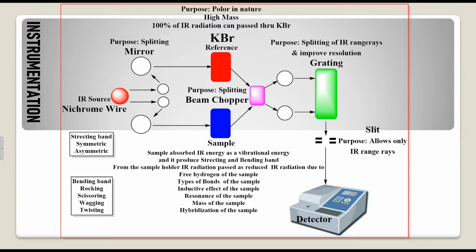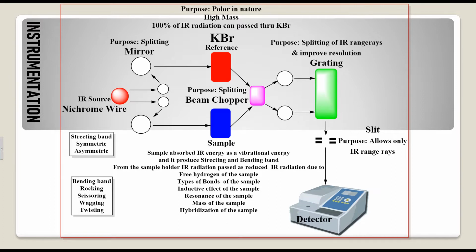Now we are going to see about instrumentation. In the instrumentation, there are various parts. I would like to first explain the use of the parts. Number one, nichrome wire, which is the IR radiation source. Second one is the mirror, which is used to split the IR radiation. Then there is a reference cell and a sample cell. And there is a beam chamber, which is again used to split the IR radiation.